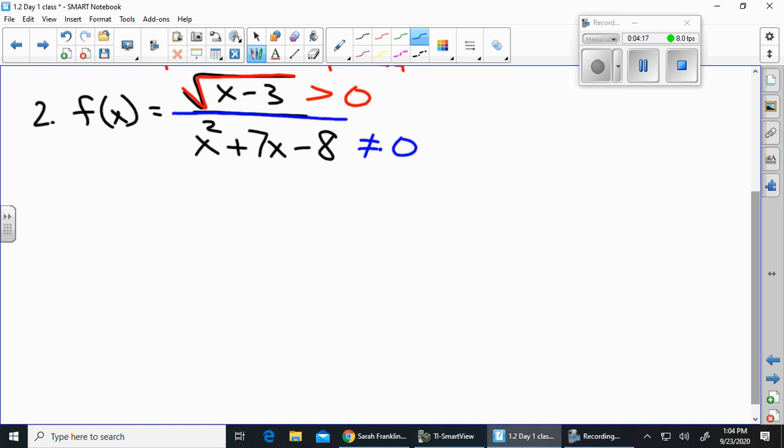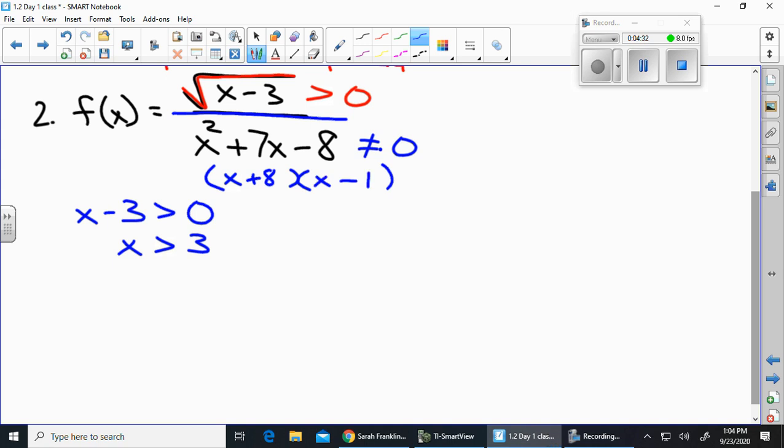So I got to solve that. So I got to do the top and the bottom. Well, if x minus 3 is greater than 0, x is greater than 3. Think of this quadratic, x plus 8, x minus 1. So your zeros are negative 8 and positive 1. That's telling you what it can't equal.